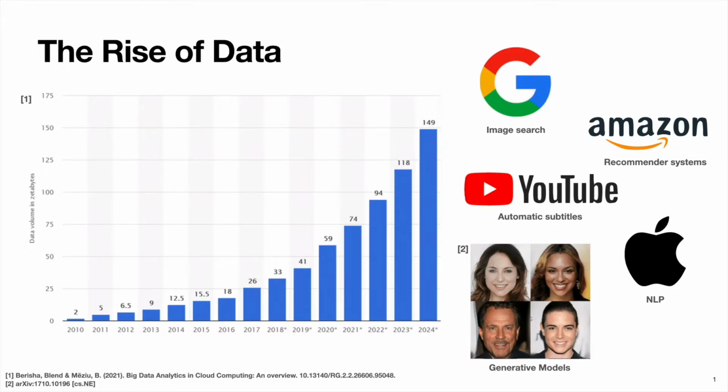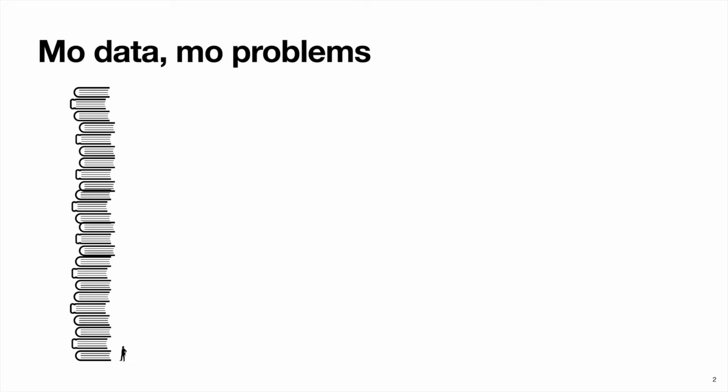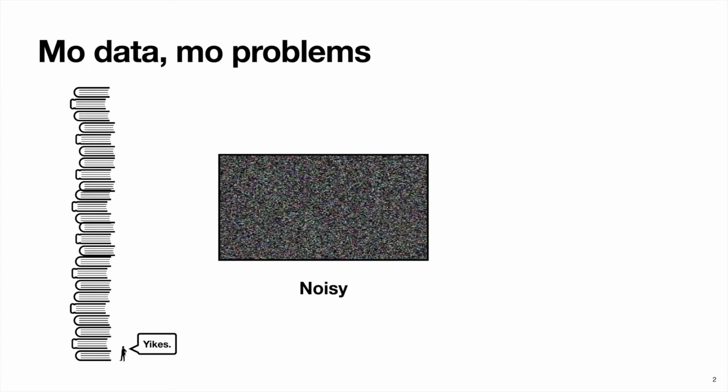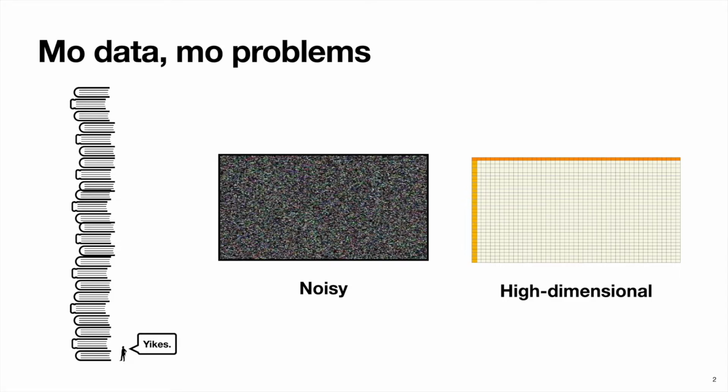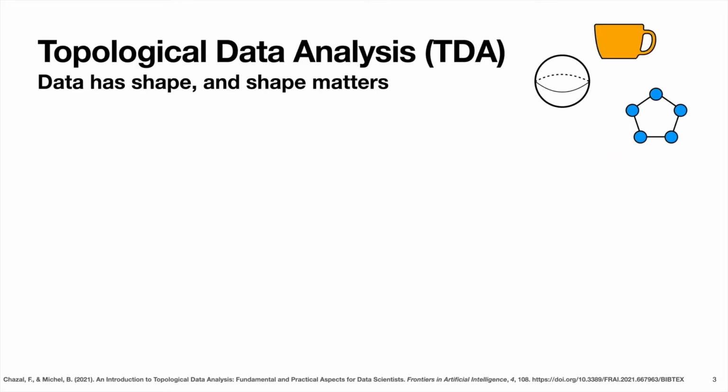But there's a problem. Mo data often means mo problems. And any practitioner will tell you data from the real world is often noisy and high dimensional. And so that's where topological data analysis, or TDA for short, can help.